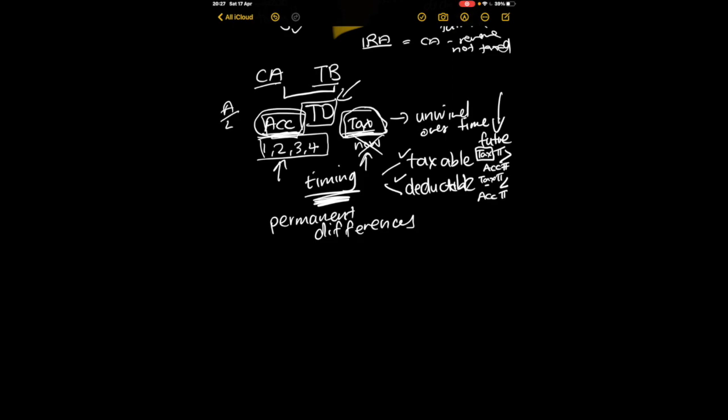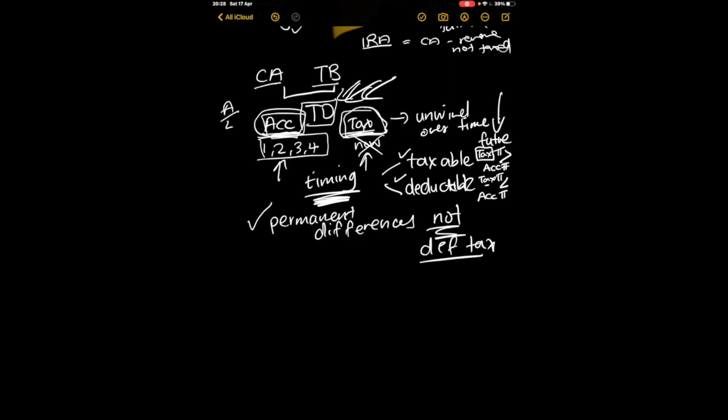So in that case there's a difference between accounting and tax, but it is never going to unwind, therefore it is a permanent difference. Permanent differences do not give rise to deferred tax. Deferred tax is only on temporary differences.